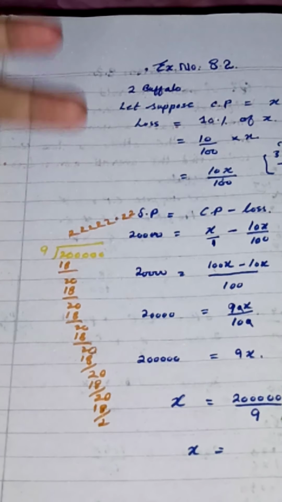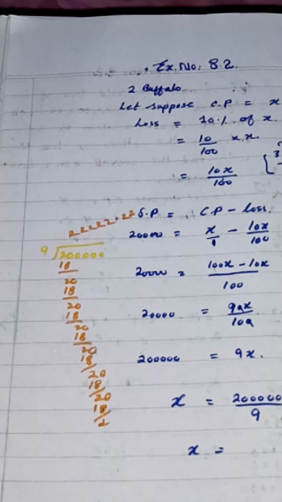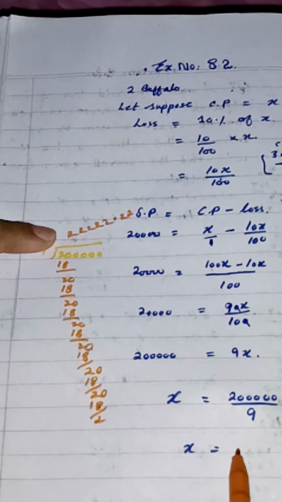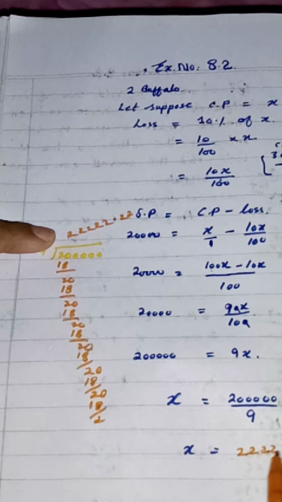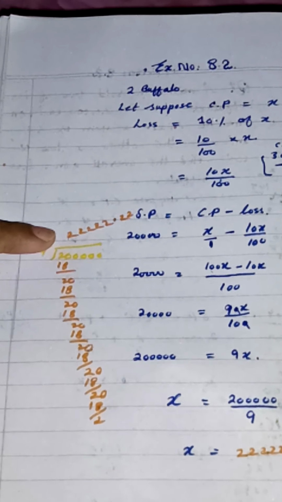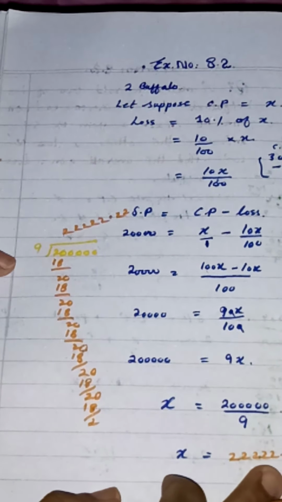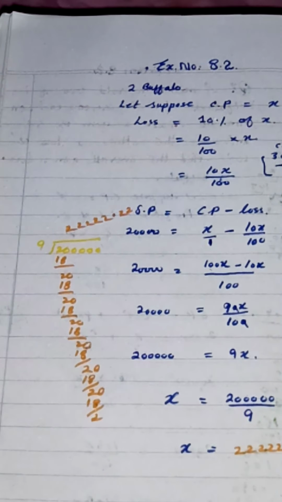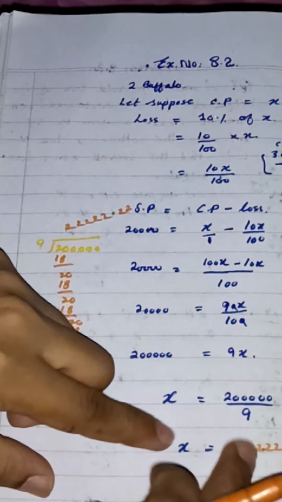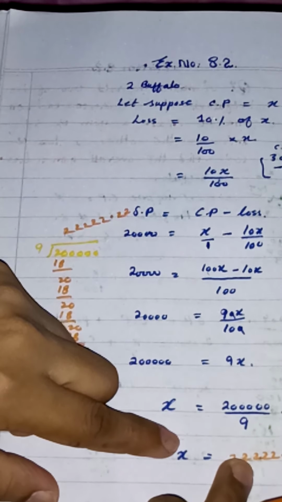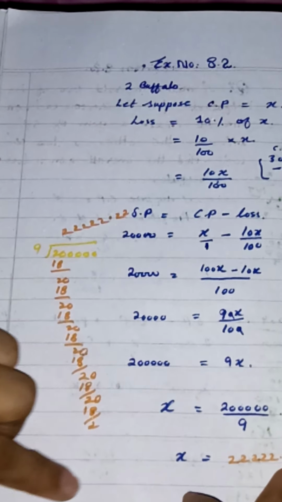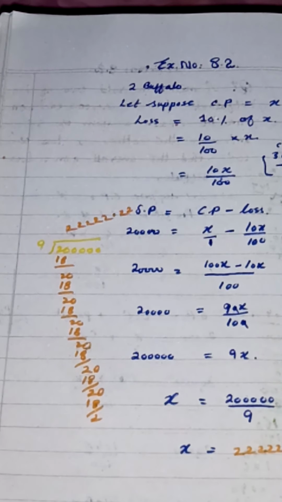After the decimal we can continue 2 or 3 times. Okay, so this is the answer. Number 2 buffalo cost price is 22,222 point something rupees.